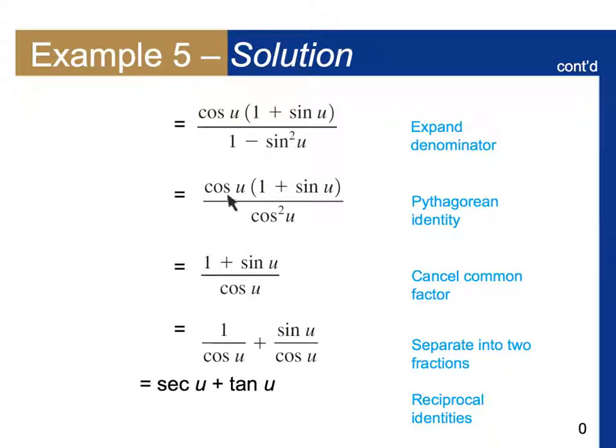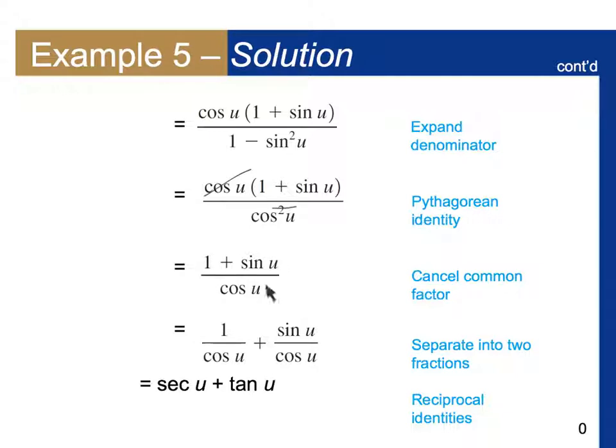And then once we do this, the cosine cancels out, right? We divide by cosine here, and we divide by cosine here. We just get a 1. So that would give me 1 plus sine of u over cosine of u. And then we can break out the fraction to be 1 over cosine of u plus sine over cosine, right?